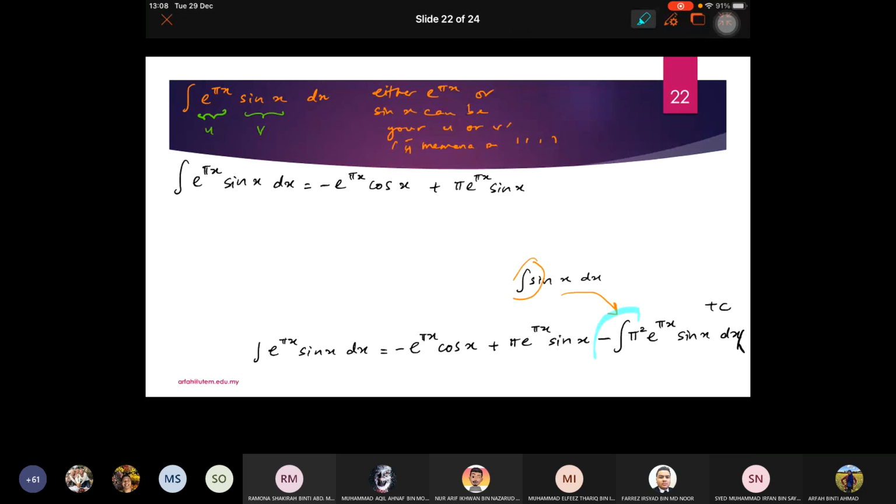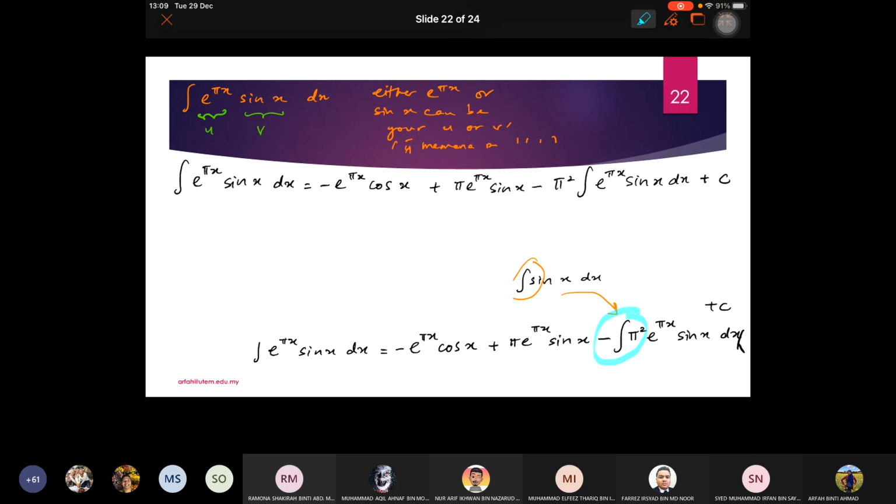Okay, tolak this one. So pi kuasa 2 tu apa? Constant kan? So kita boleh keluarkan pi kuasa 2. Tolak pi kuasa 2 integration exponential pi x sin x dx tambah c. Okay. So pi kuasa 2 tu constant, saya keluarkan.